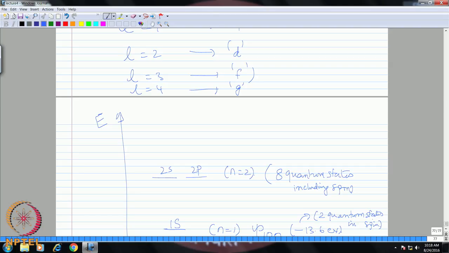And then if you go to n equal to 3, now you can do some calculation and tell me what are all the possibilities for n equal to 3.